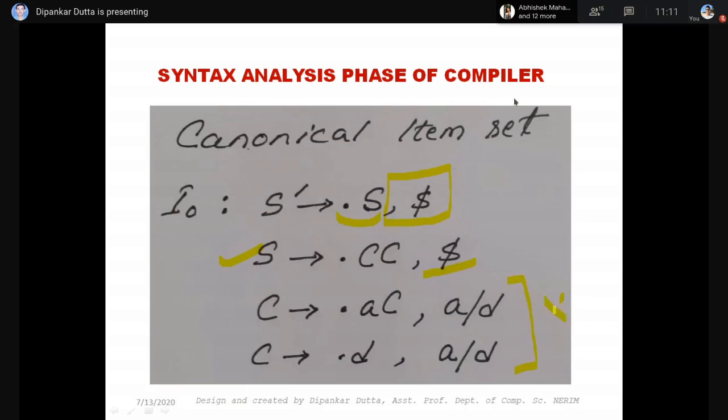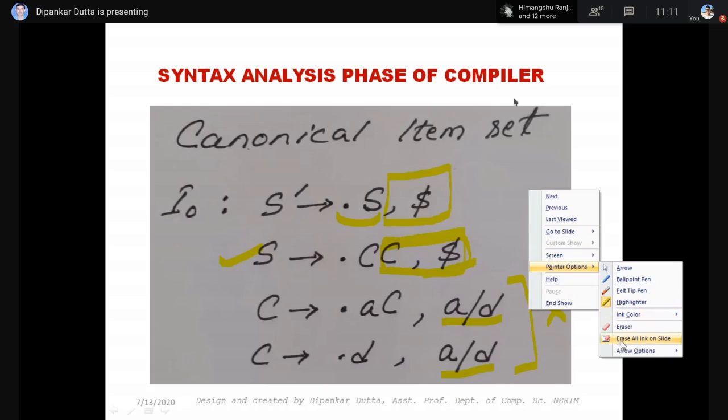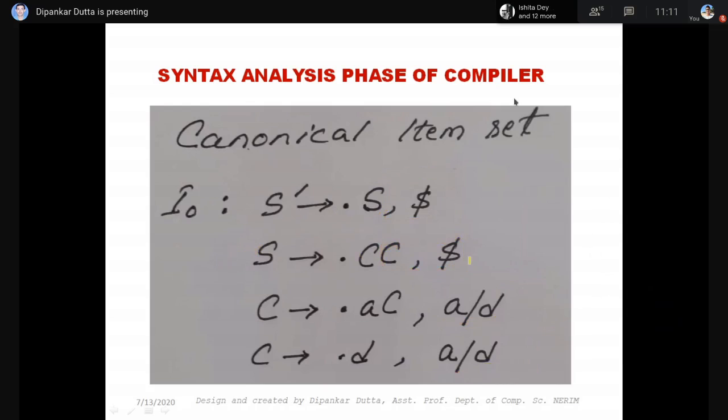And for these two, whatever you have to write will be calculated from this first of beta dollar. So in one item set, first of beta dollar will be different for each and every closure set. You have to remember this point.